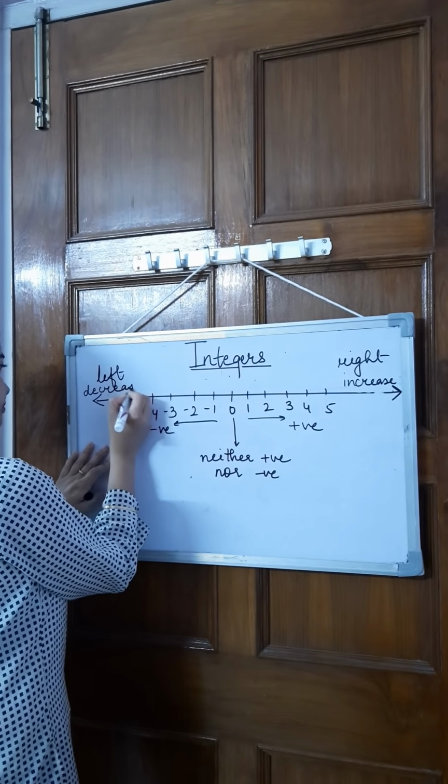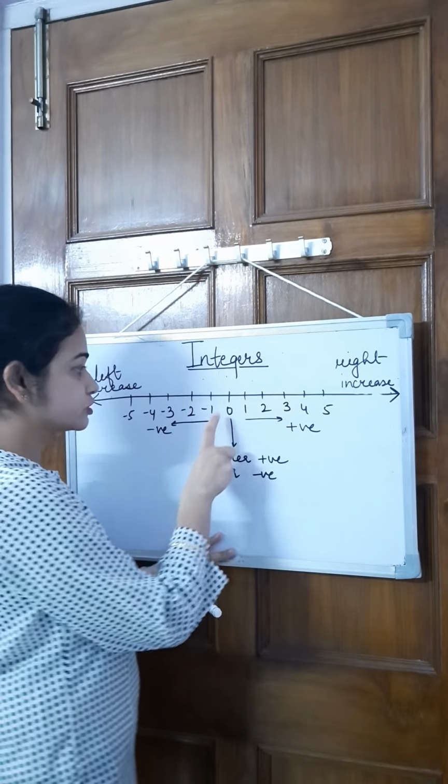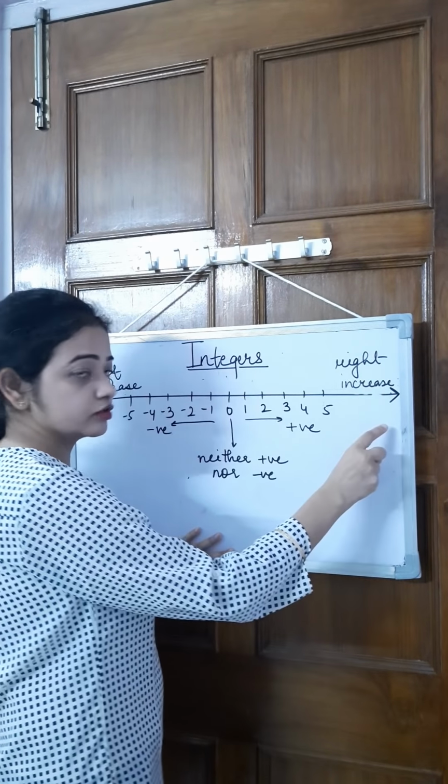So if someone asks you to observe positive numbers and negative numbers, what we can say is that all positive numbers are greater than negative numbers. And 0 is less than all positive numbers, because after 0 we start the positive numbers.